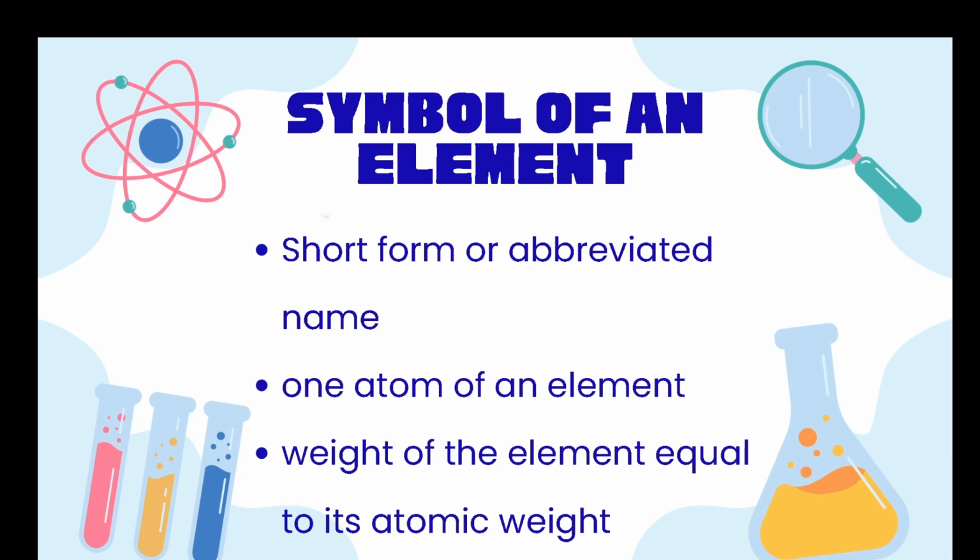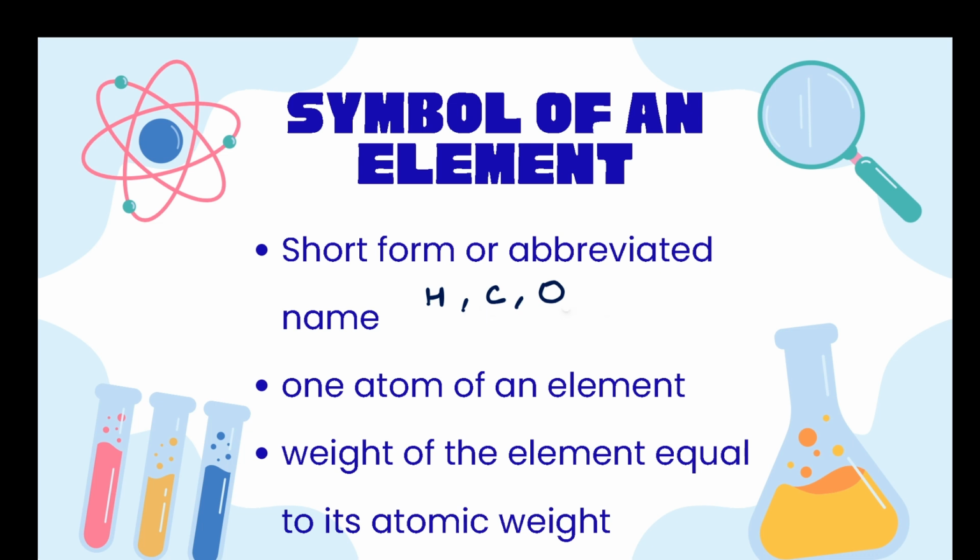Now coming to the symbol of an element. What are the things that we can understand when we see the symbol of an element? We know it is a short form or abbreviated name of the element. If we take the example of hydrogen, carbon, oxygen, all these are the short form names of the elements hydrogen, carbon and oxygen.